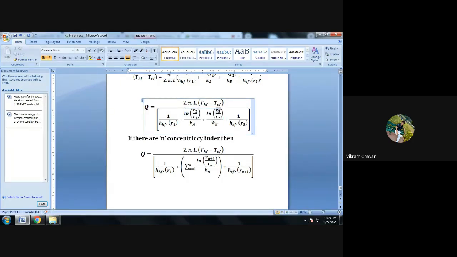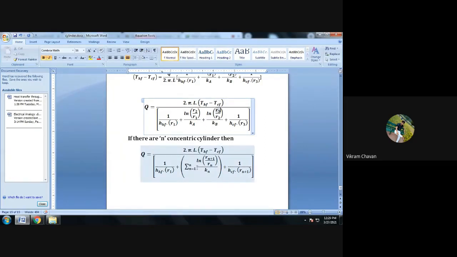In case of two cylinders, the final radius is r3. If there are three cylinders, the final radius will be r4. If there are 5 cylinders, the final radius will be r6. So if you are considering n cylinders, the final radius is r suffix n plus 1.